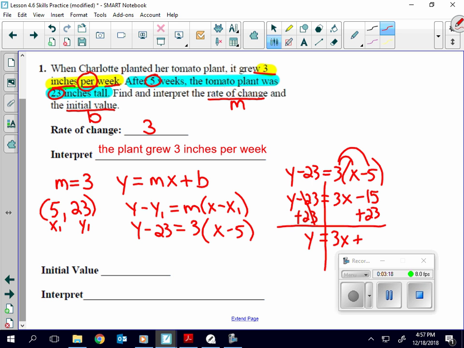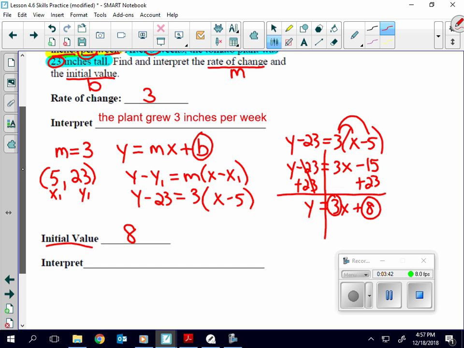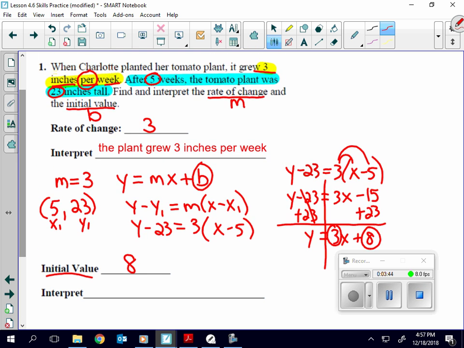A negative 15 and a positive 23 is 8. So here it is. You know the slope is 3. We already know that. And now we have the b, which is 8. So the y-intercept or initial value is 8. And what does that mean in this case? Well, the y-intercept is just where we started. So in this case, if we're talking about a plant growing, it's the initial height of the plant.